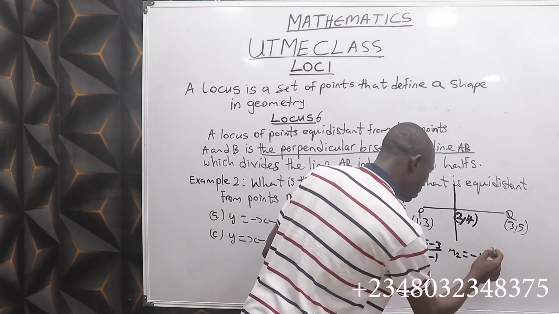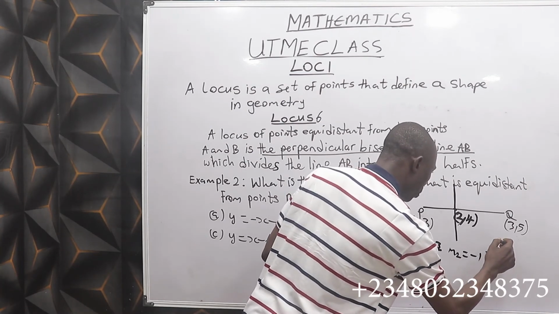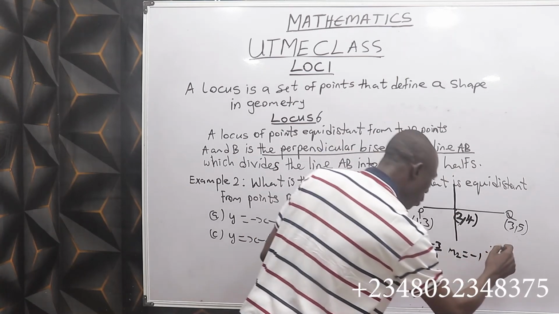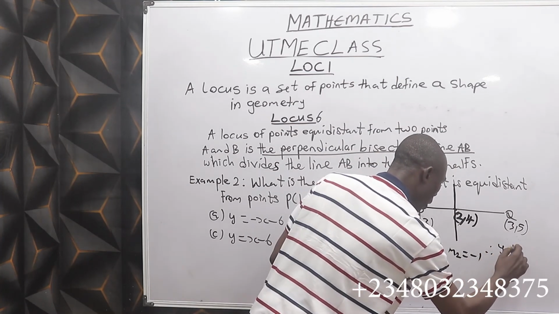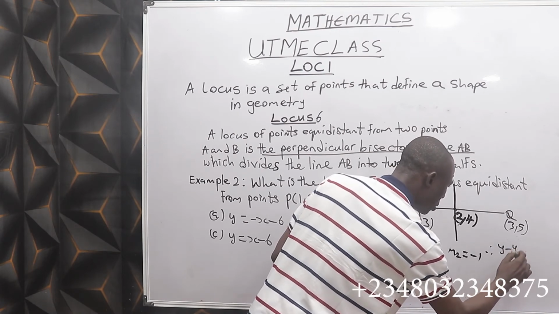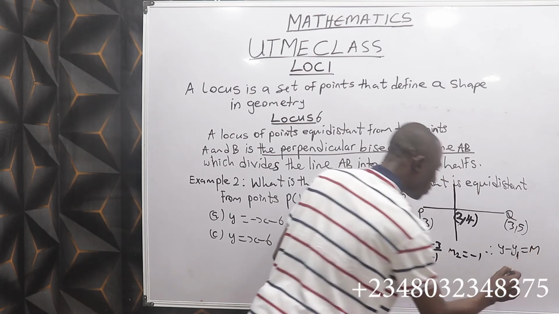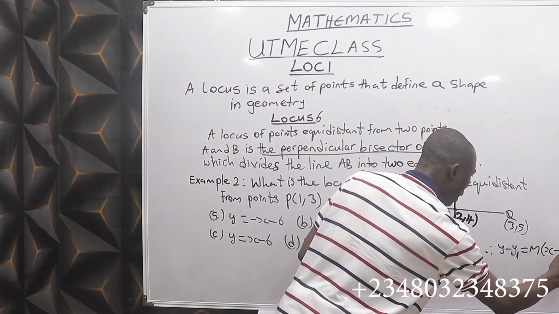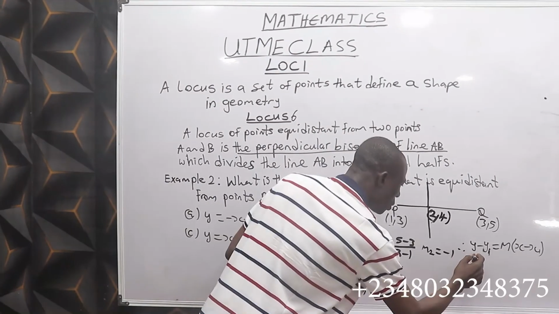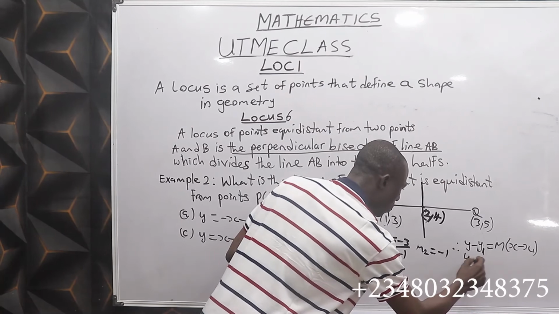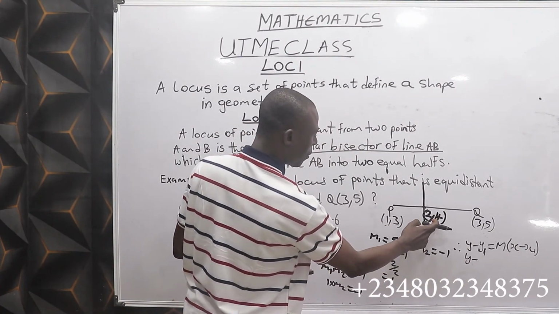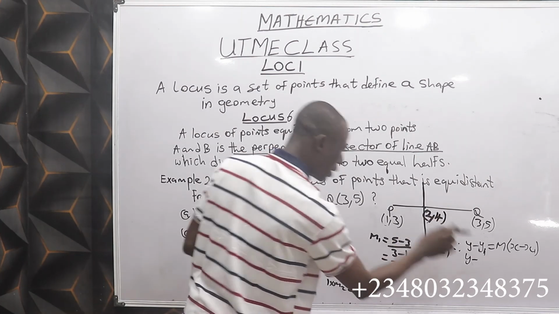We now use it. Therefore, the equation of this line that is perpendicular to PQ will be y minus y1 equals m into x minus x1. Do you understand? So, the y here minus y1. Our y1 is 4 here, because we are using the midpoint coordinate for it.